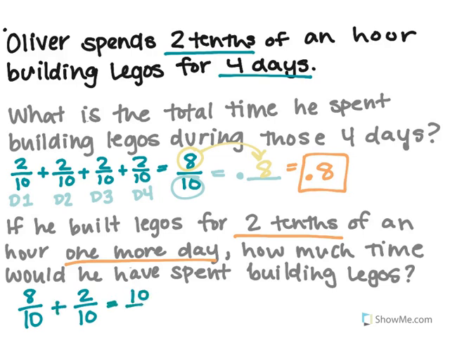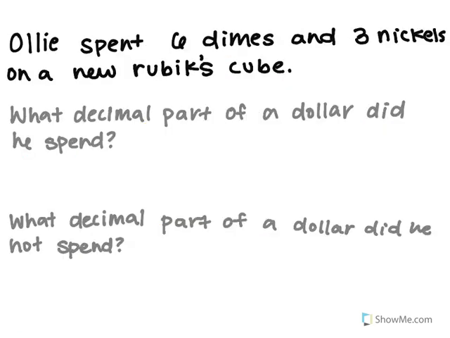So that gives me 10/10. Wait, what's 10/10? It's a whole, so I would write my decimal point like this, meaning I have one whole, there's my whole, and there's nothing left over, so there's no part that goes with it, so I just put a 0. So 1.0 would be my answer there.